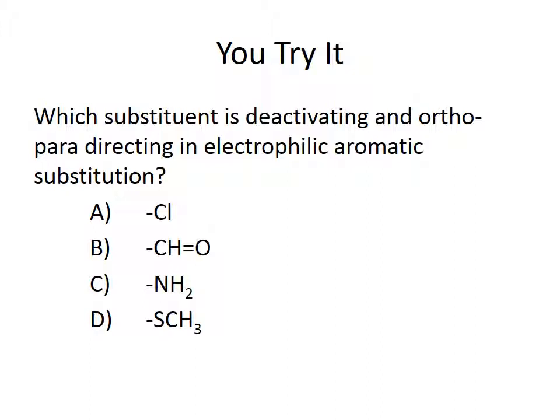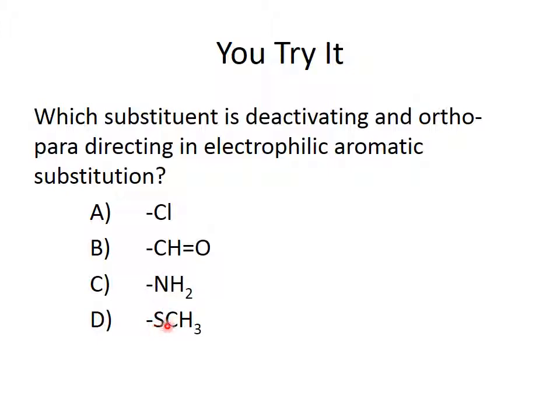Which substituent is deactivating and ortho-para-directing? Well, this has a double bond to an oxygen on the carbon that would be attached to the ring. So this is deactivating and meta-directing. This has a nitrogen with non-bonding pairs directly attached to the ring, so this would be activating and ortho-para.